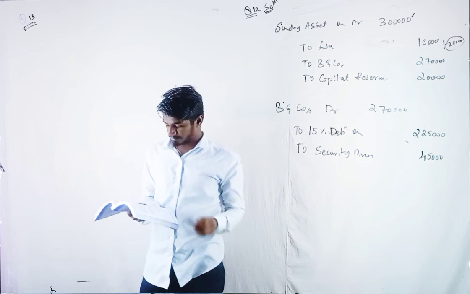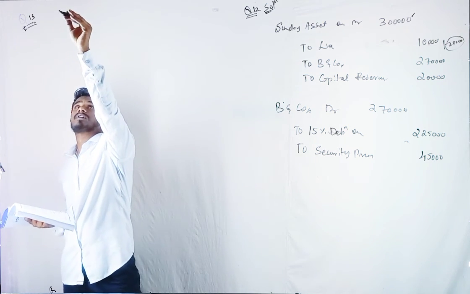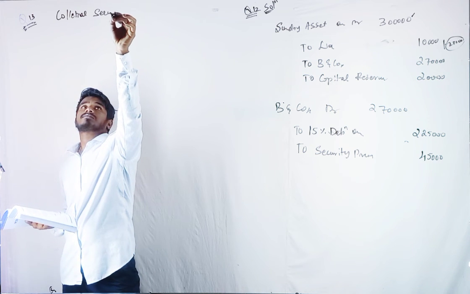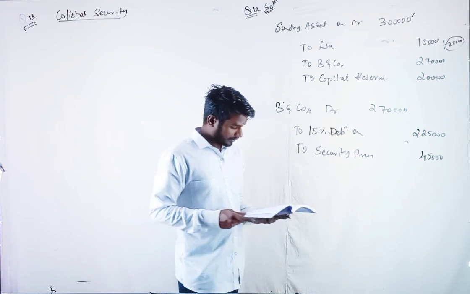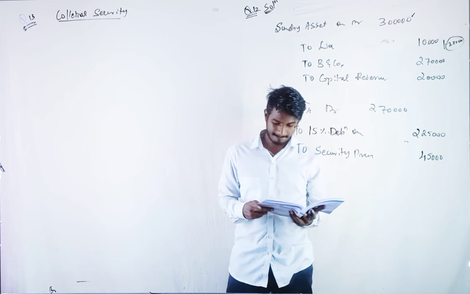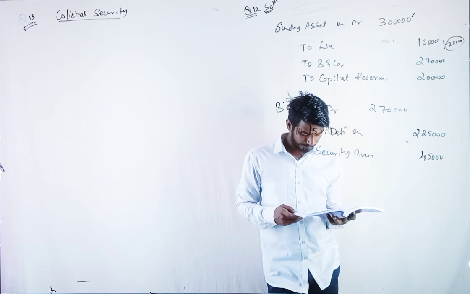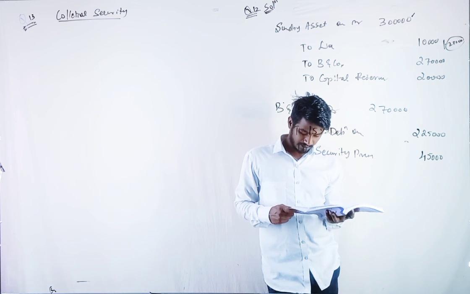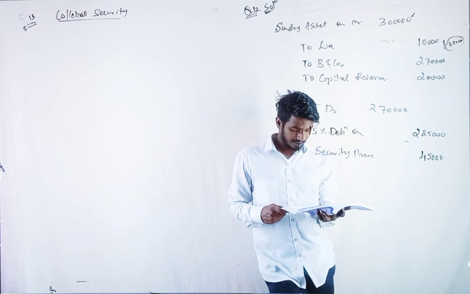The next concept we will be dealing with is issue of debentures as collateral security. A company took a loan of rupees 10 lakh from Punjab National Bank and issued 10% debentures of rupees 12 lakh as collateral security.